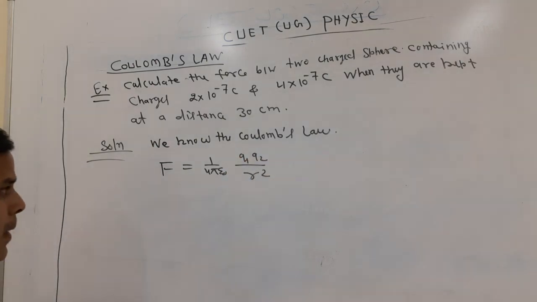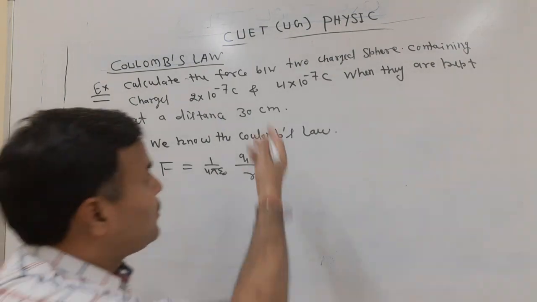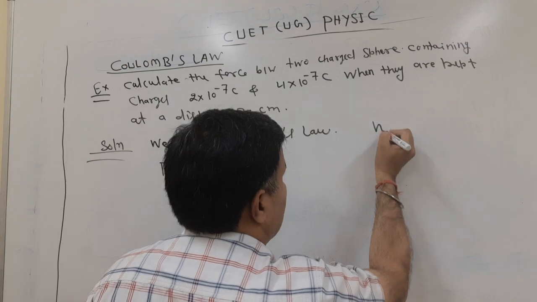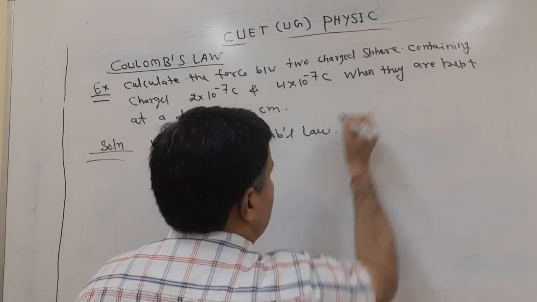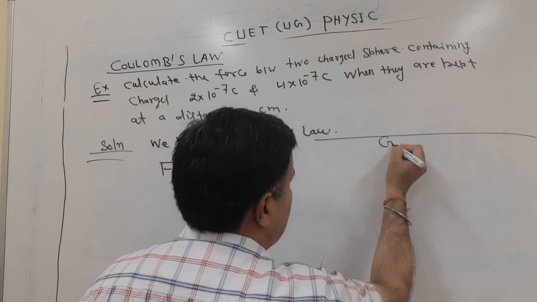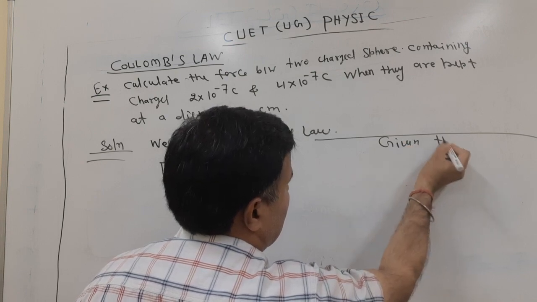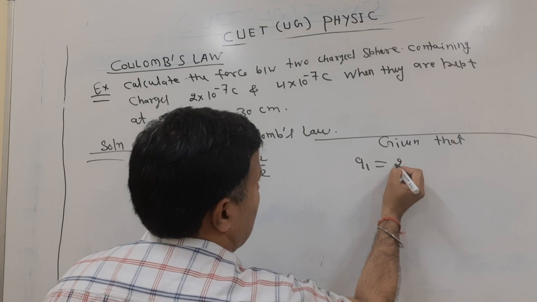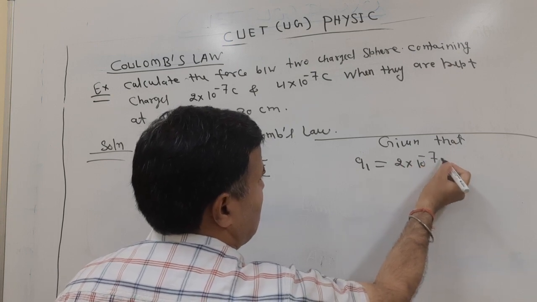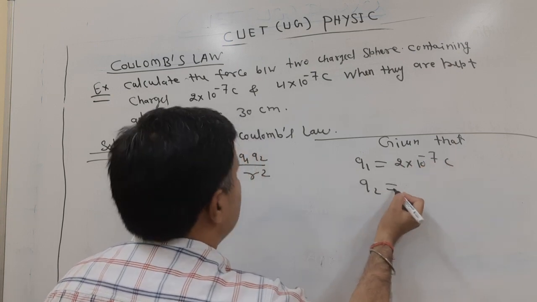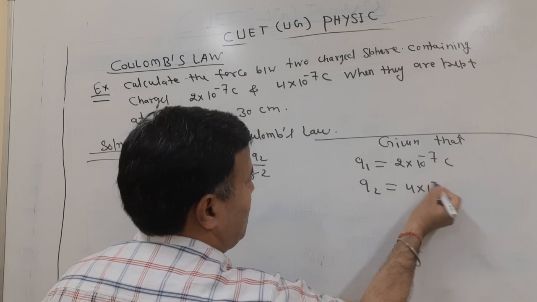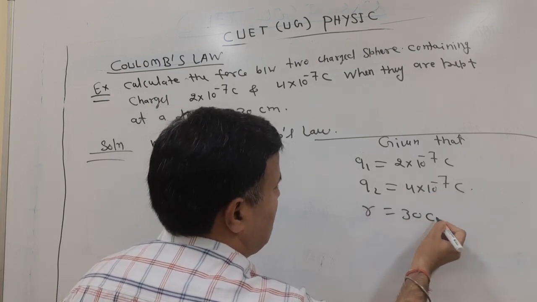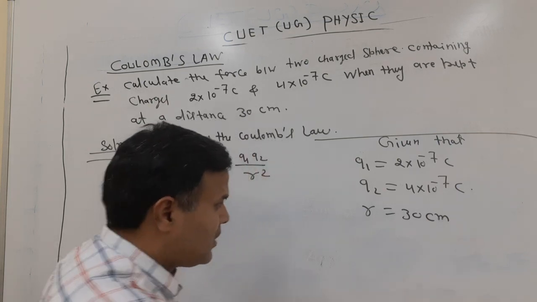Given in this problem, Q1 is 2 into 10 to the power minus 7 Coulomb, Q2 is 4 into 10 to the power minus 7 Coulomb, and distance R is 30 centimeter, which is in the CGS system.